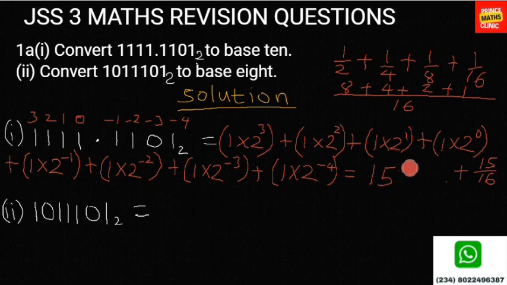Then remember 15 whole number, 15 over 16, which is equal to, then let me rub this off. If you convert this to decimal, you are going to have it as 15.8125. Of course, you know that whatever you do here is in base of 10. Good.